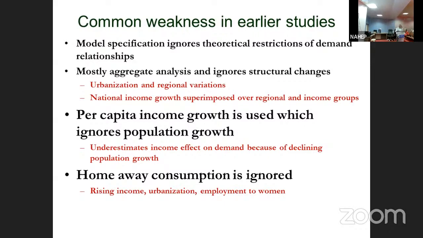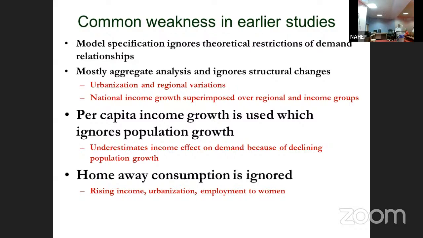Any model cannot be called a demand model until it satisfies three conditions: homogeneity, symmetry and additivity. Now, mostly aggregate analyses ignore structural change, meaning urbanization and diversification, and they ignore the population growth.